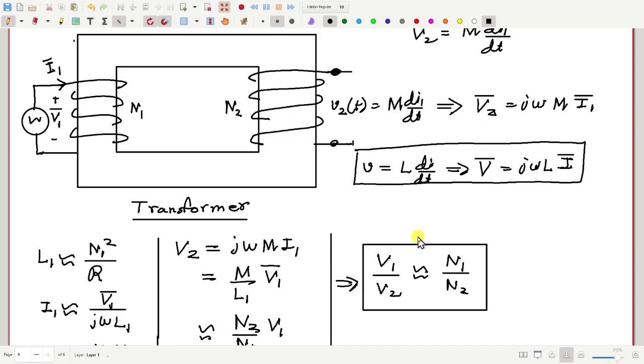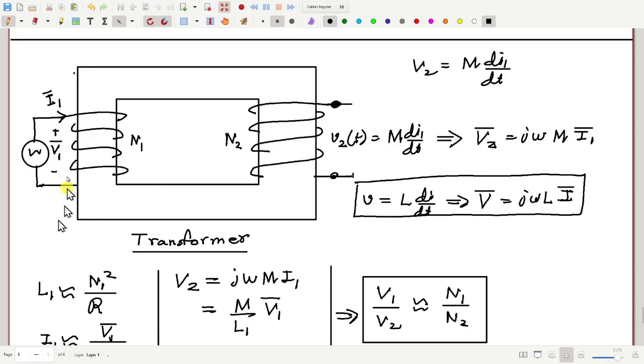Now in a transformer we call the two coils the primary coil and the secondary coil. We have considered that the secondary is open circuited, so no current is flowing.